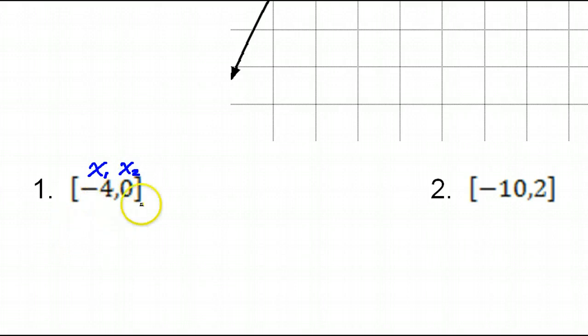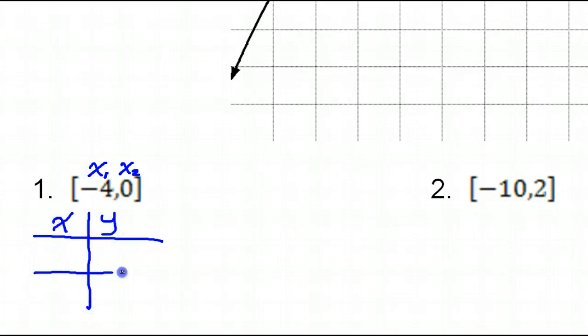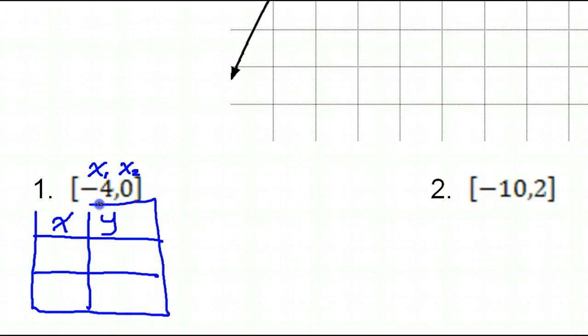So we're supposed to find the rate of change between these two x values. That's important because when you set up your table of values, like we always do, these two values that they gave us will be our two x values. Okay, so I've got -4 and I've got 0. So I just need to find the y values that go with these x values.